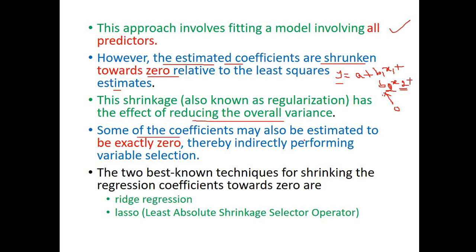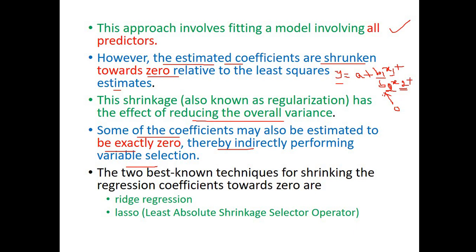So some of the coefficients may be estimated to be exactly 0, thereby indirectly performing the variable selection. For example, if we understand that y is more dependent on x1 rather than x2, in that case we can eliminate the impact of x2 in the prediction of y value by making b2 as 0.